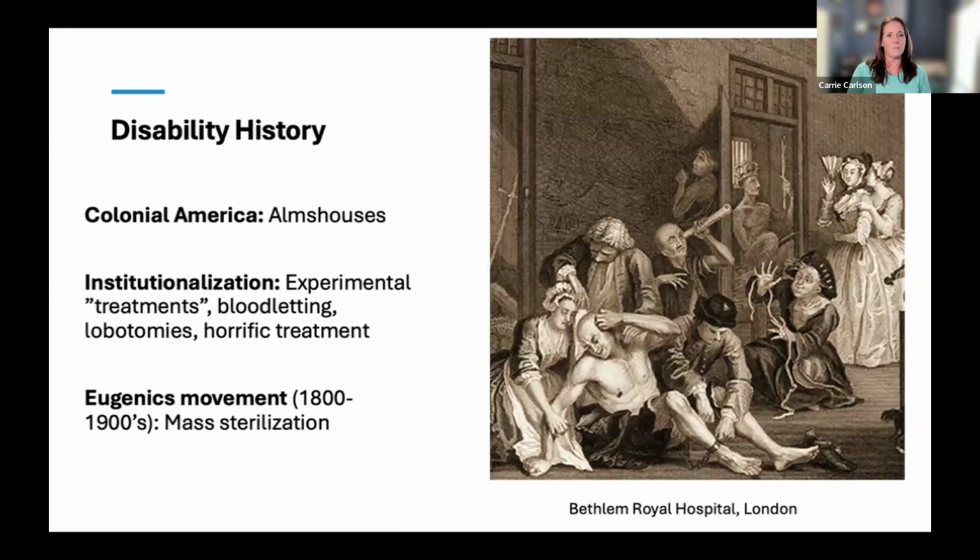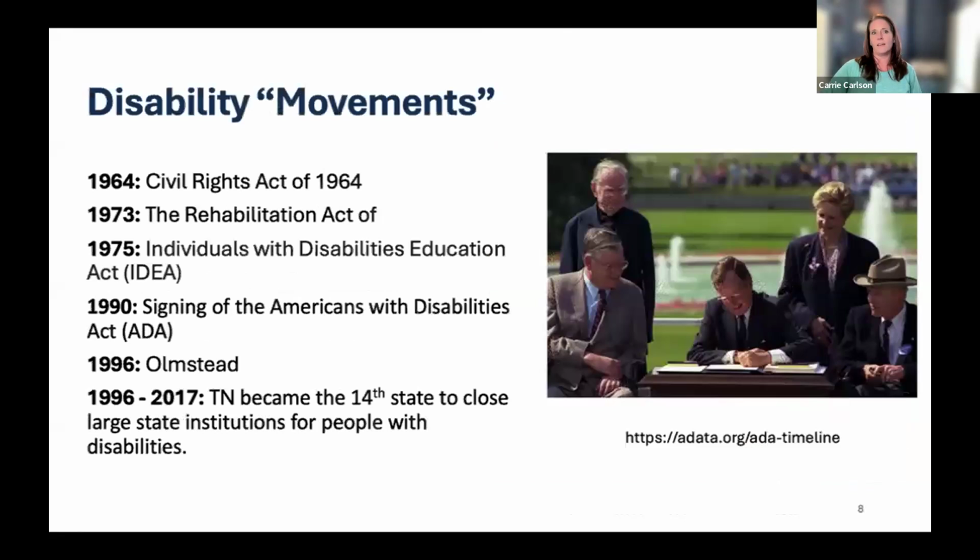Then the eugenics movement is also something that you hear about, where there was mass sterilization of people with disabilities. The thinking was that if you don't let people with disabilities reproduce, then disability will go away, right? Not right. That's not the way that works. And that is a little history there, and we're going to go on to the next slide.